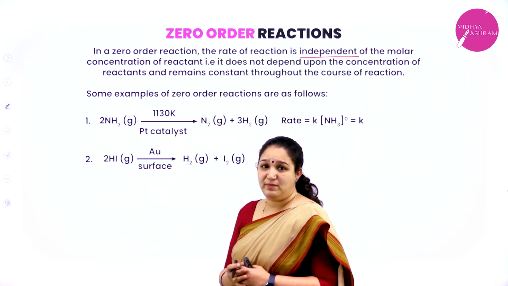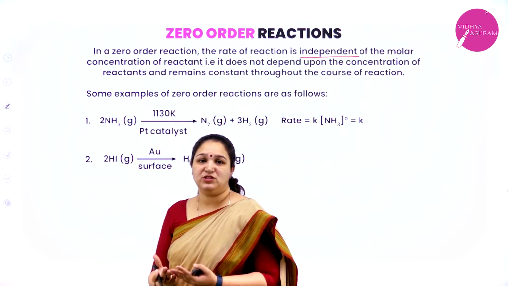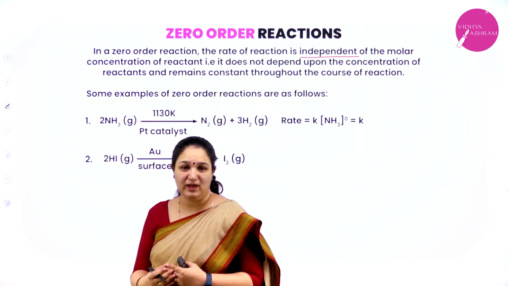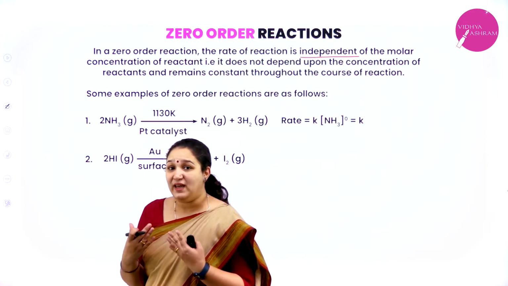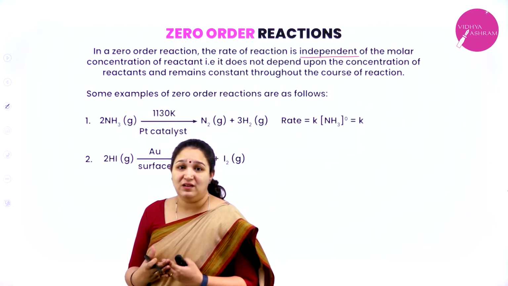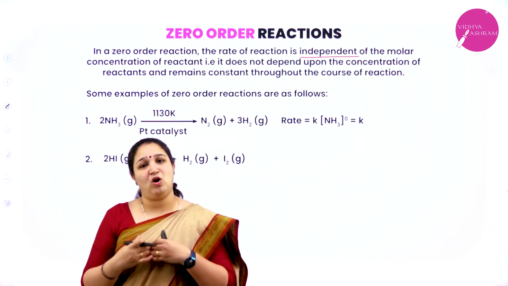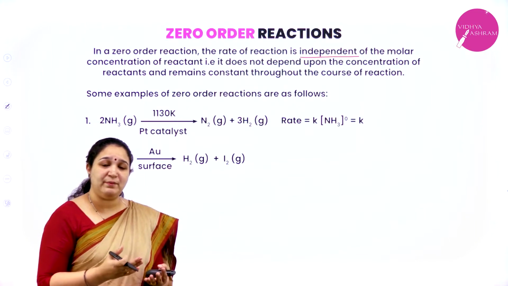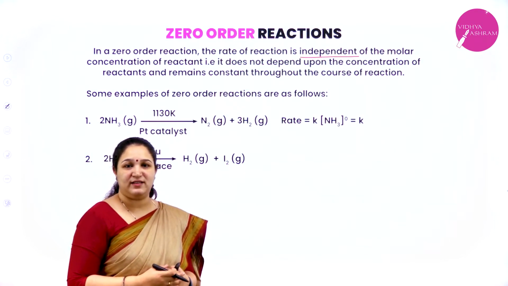It means if I increase the concentration of the reactants by however many times I want, still the rate will not change at all. It will remain constant. So the rate of the reaction is not dependent on the molar concentration of the reactants.